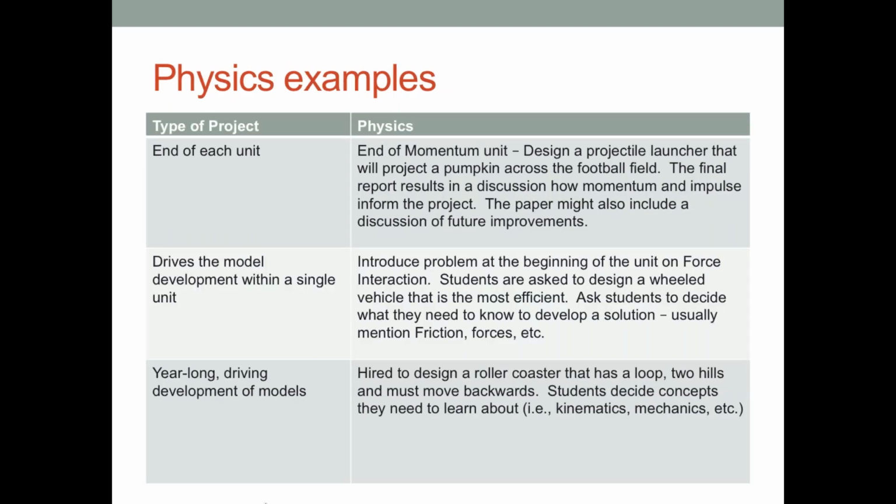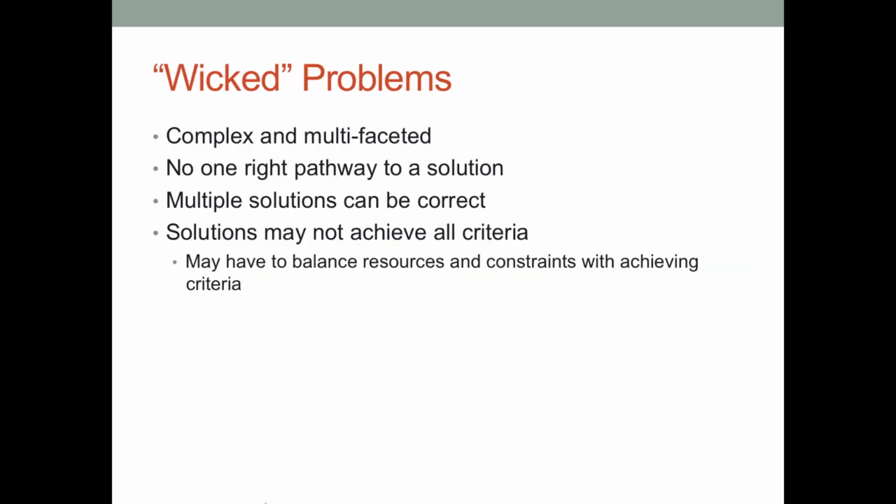Any questions? Oh, okay. Sorry. I just wanted to get to the idea, and then we can take questions, that all of these problems that we are proposing, or all of these engineering problems, kind of are wicked problems. And this is a term that engineers use to indicate a problem that's complex and multifaceted, that there's no one right pathway to a solution.